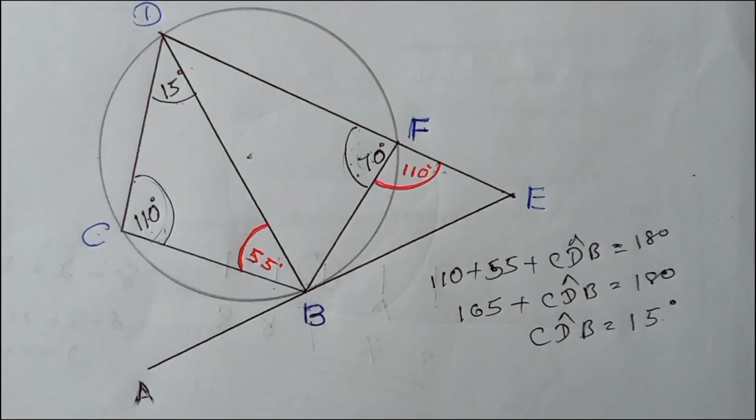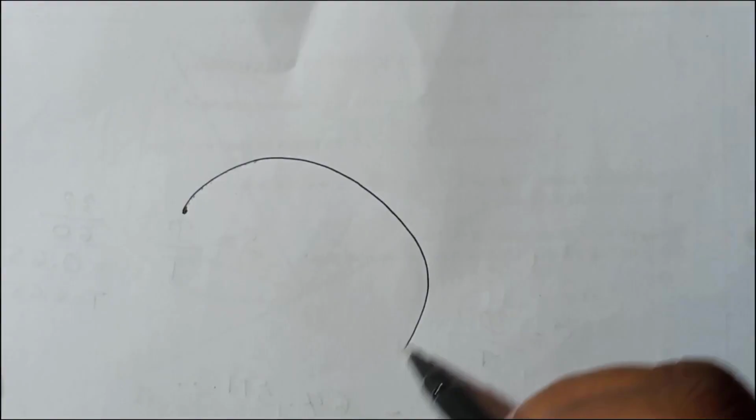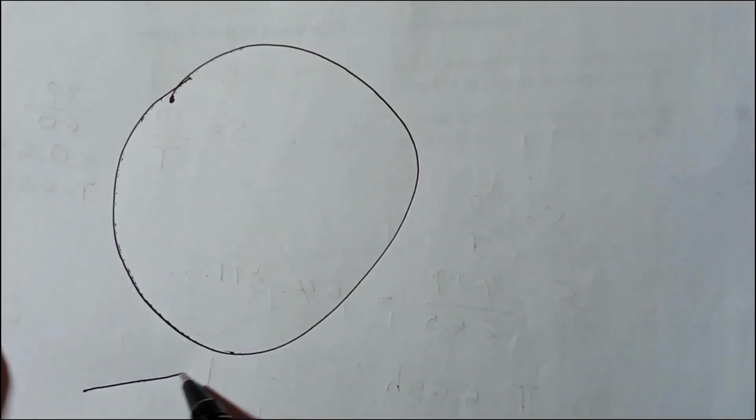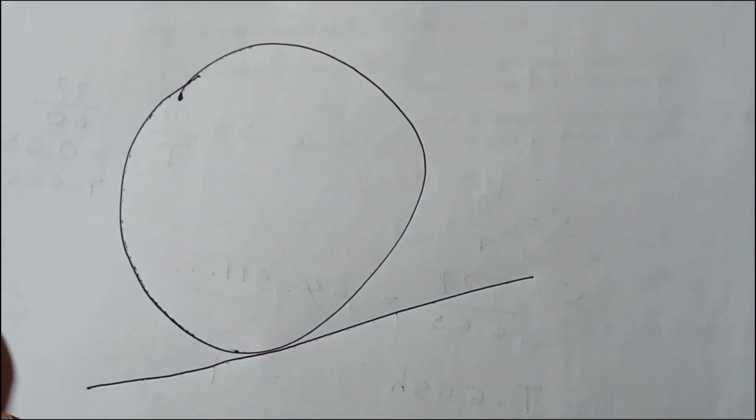If I use another paper to explain another theorem like this. Now if you have a circle, don't care that the circle is not exact, and you have a tangent to the circle.